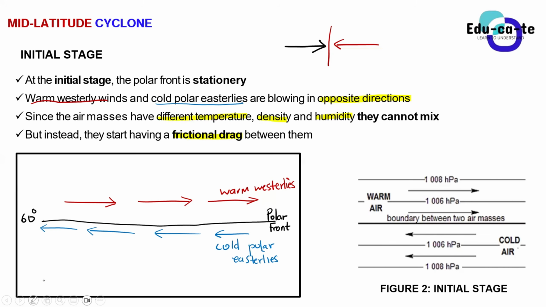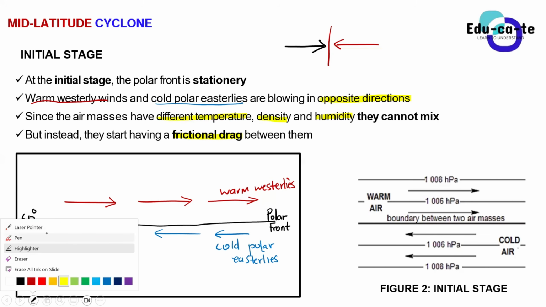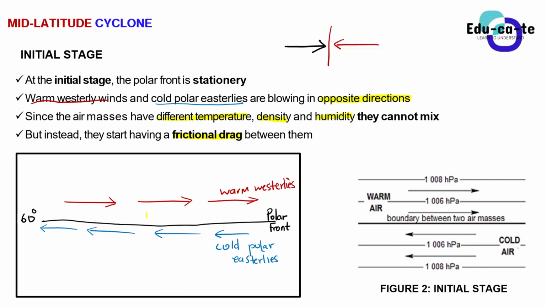Okay, let's just explain it in simple terms. These two air masses cannot mix with each other, but they are blowing towards each other, so they will keep on fighting with each other. Imagine, guys, that these things cannot mix, but they are trying to move in opposite directions.